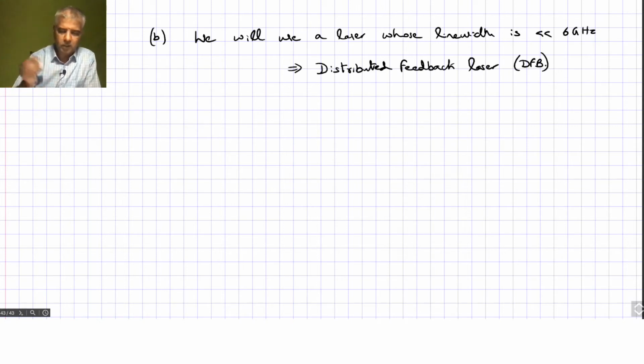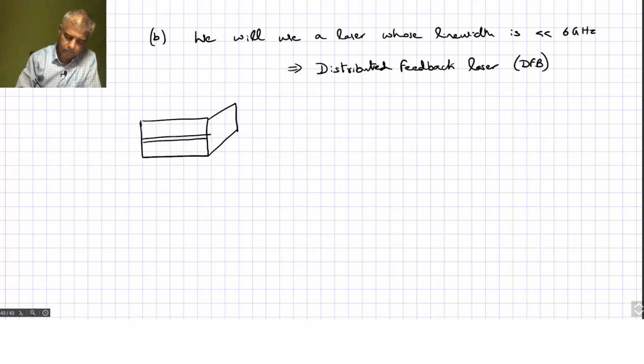So, what are we talking about? Just to refresh our memory, we are talking about a semiconductor laser with a PN junction, and there is something that looks like this.